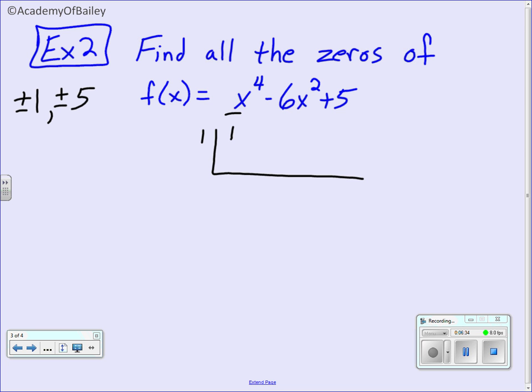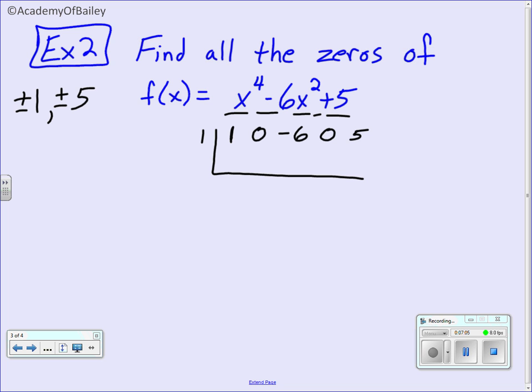If you have x to the 4th, the next one is supposed to be x to the 3rd, then x squared, and then x, and then the 5. So here is 1x to the 4th plus 0x to the 3rd power minus 6x squared plus 0x plus 5. So you have to put the zeros in front of the x cubed and the x to the 1st power.